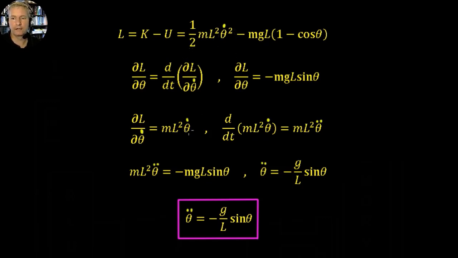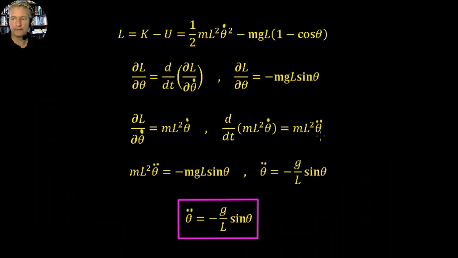So the 2 and the half cancel out, so you'll just be left with m l squared theta dot. So now we've got to take this and differentiate again with respect to time. When we differentiate that with respect to time again, our m l squared remains the same, and our theta dot becomes theta double dot.